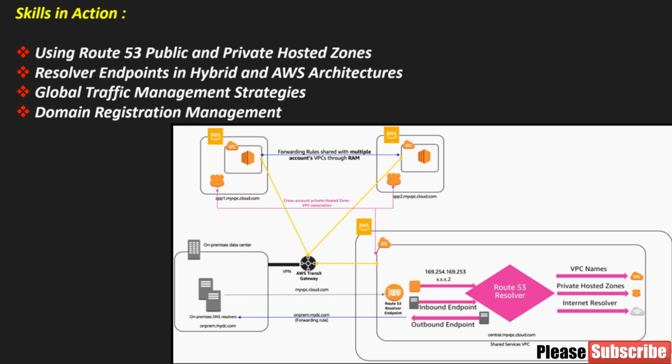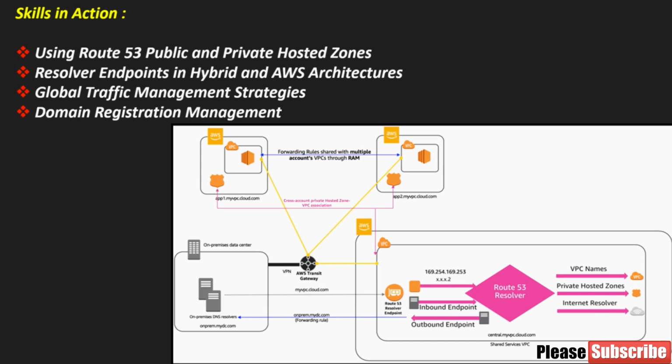And according to the resolver endpoints in hybrid and AWS architectures, we need to concentrate on the implementation walkthrough. We need to learn how to set up and utilize Route 53 Resolver endpoints to achieve seamless DNS resolution in hybrid and AWS architectures. What are the global traffic management strategies we need to discuss?